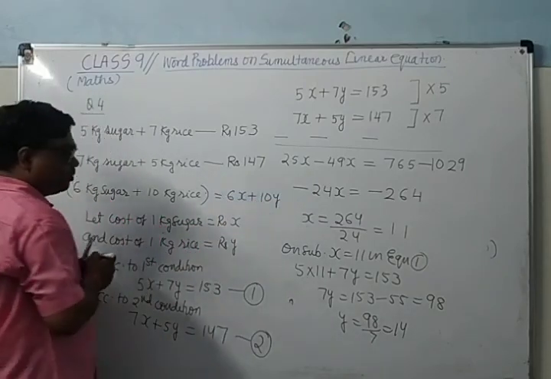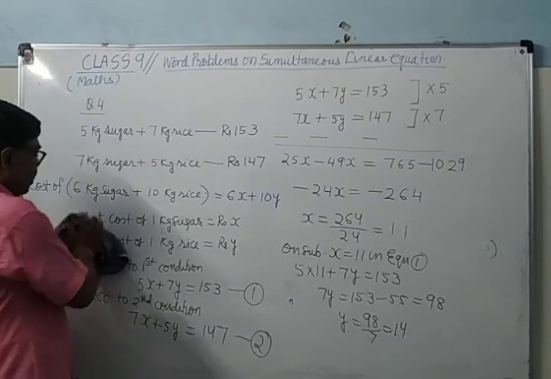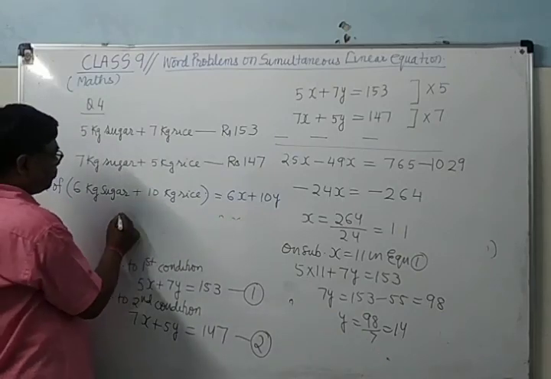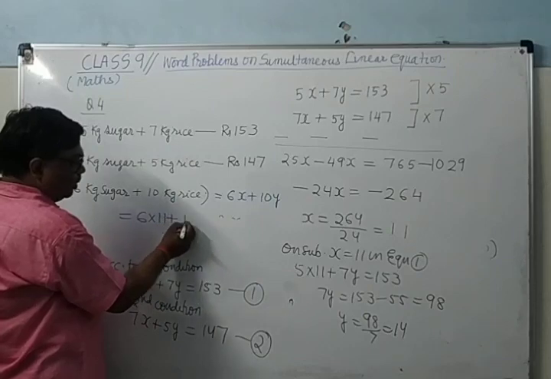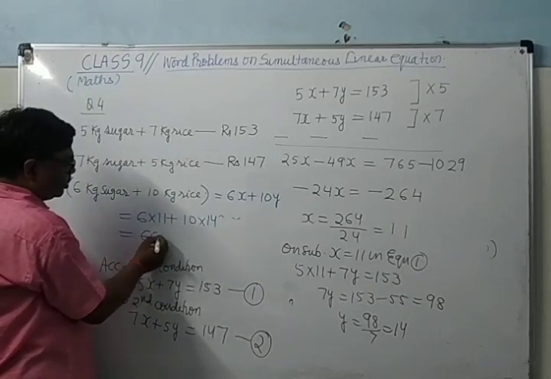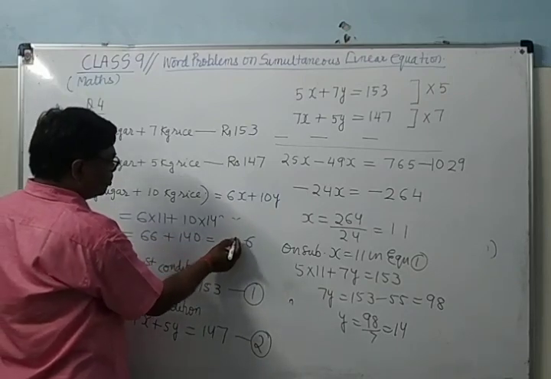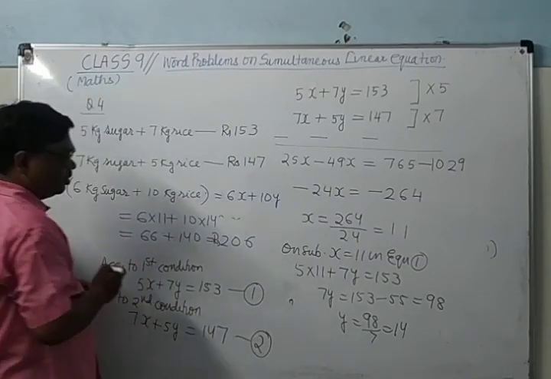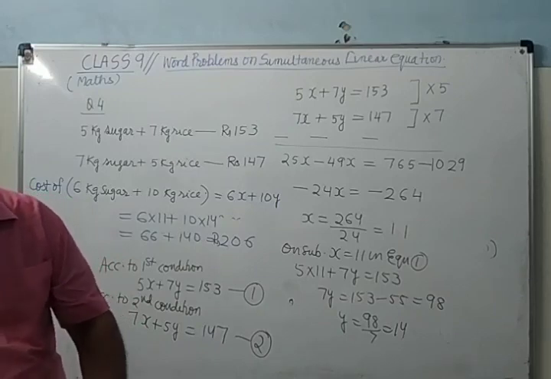You substitute the values of x and y: 6 into 11 plus 10 into 14 equals 66 plus 140. So this will be equal to rupees 206. It's clear. So this way you can do.